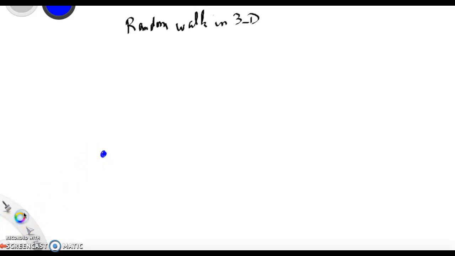So I'm just going to represent the displacements by small vectors. It's going to go in one direction with a certain velocity v1. It's going to collide with another particle. It's going to move another distance.